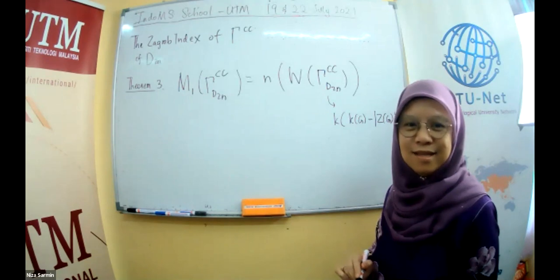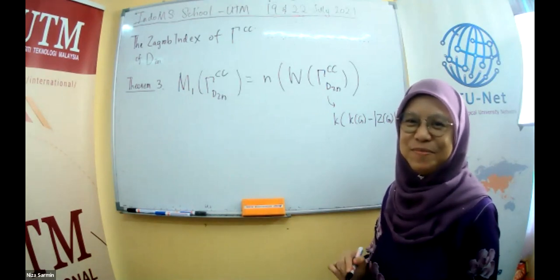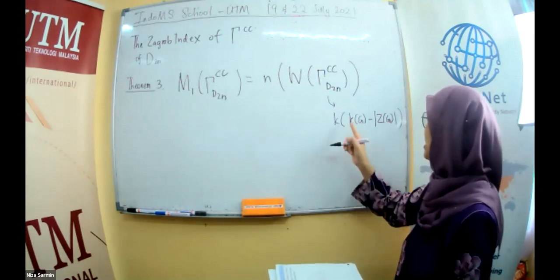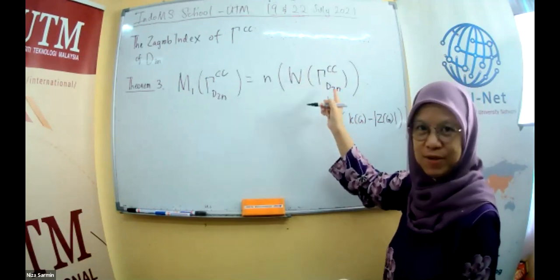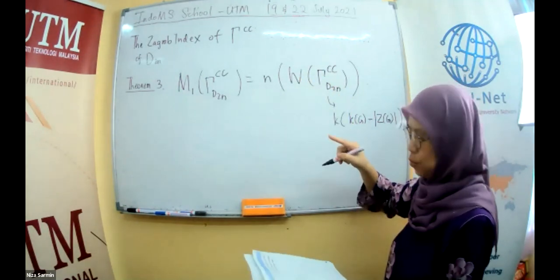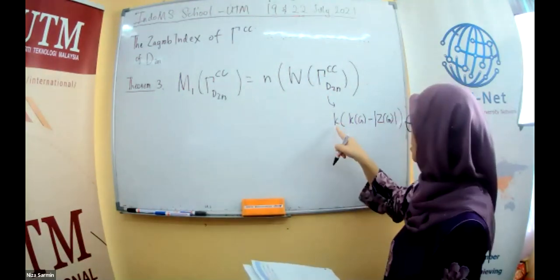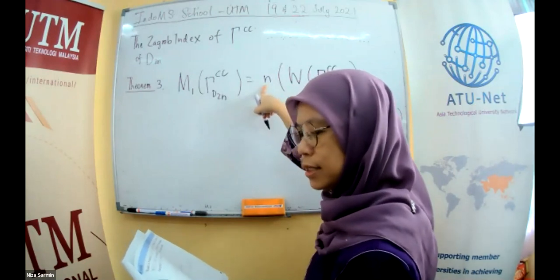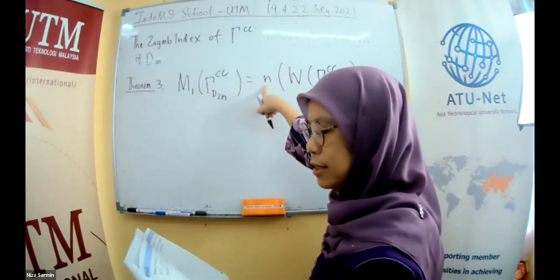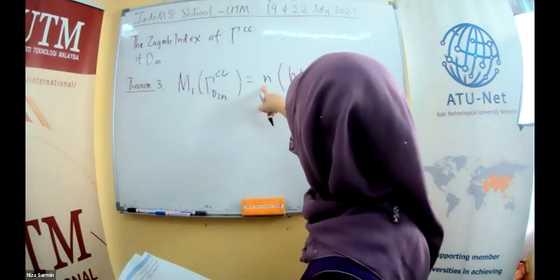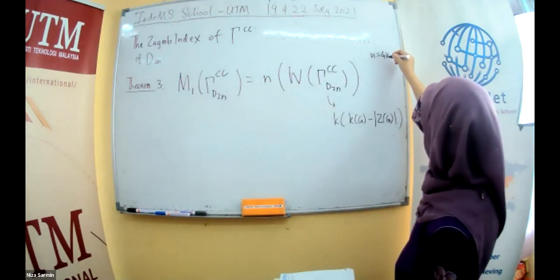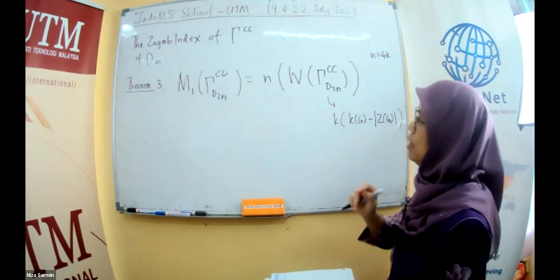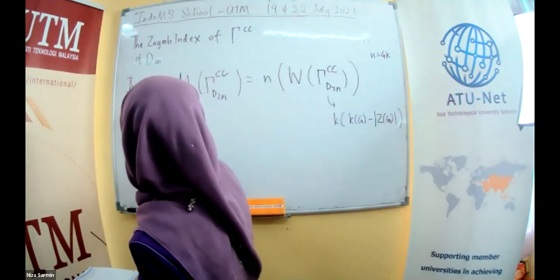If I make a mistake, you can easily let me know. So this is from the first class. Okay, what is N? N in this case is 4K, right? N is 4K. So this is what we want, right? Let me see how we are going to prove this.